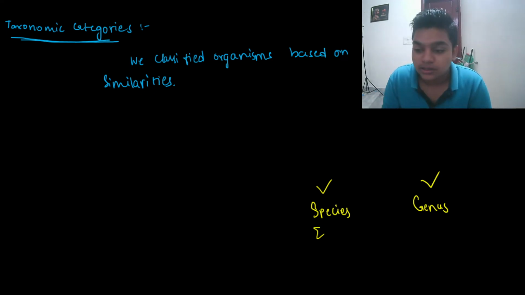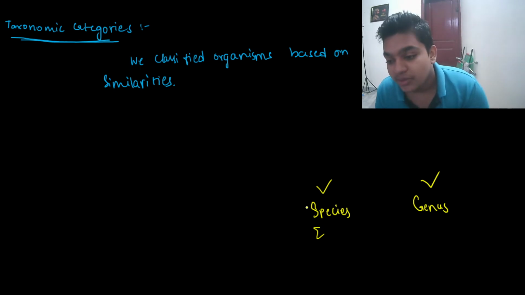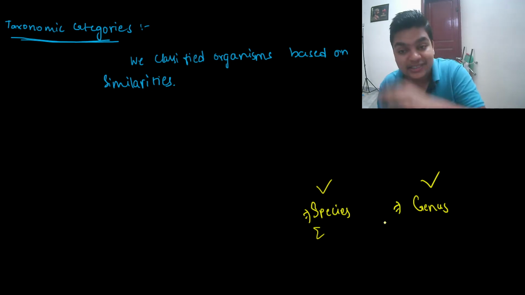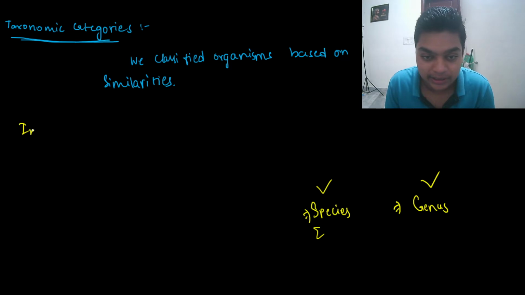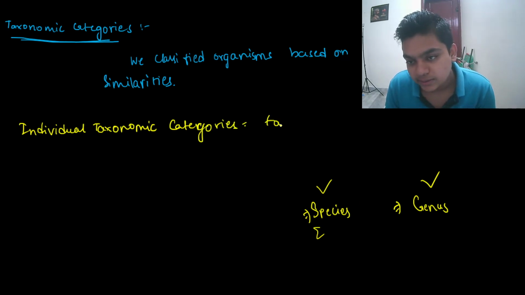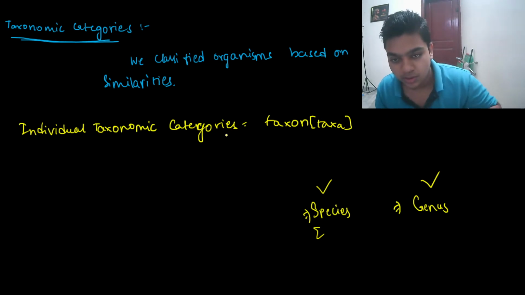So as per our classification, species is one taxon, or you can say one taxonomic category, and genus is one taxonomic category. And these individual taxonomic categories are called taxon, and the plural word is taxa. This is singular, this is plural.